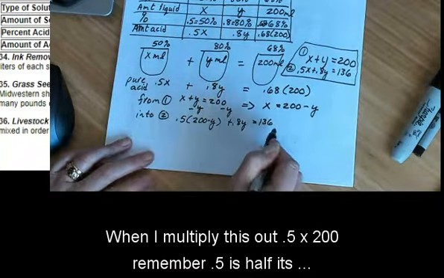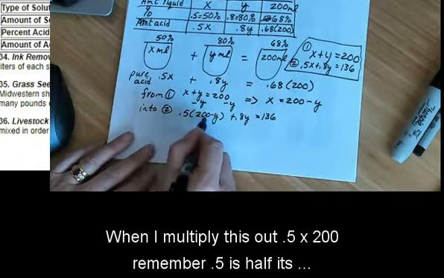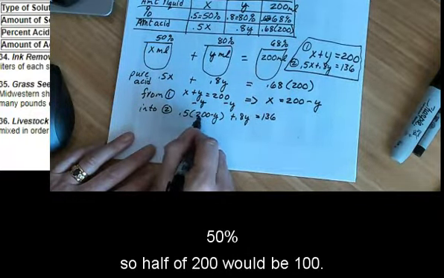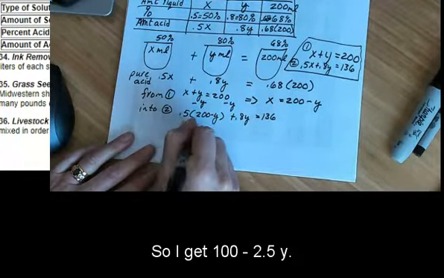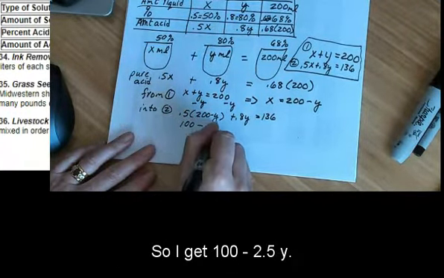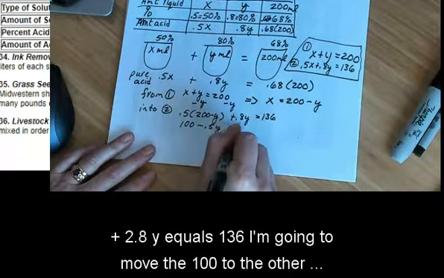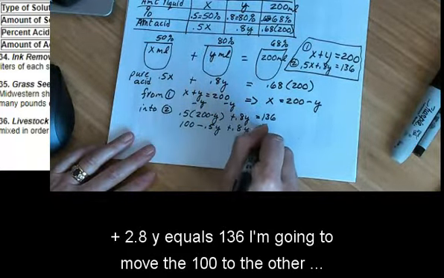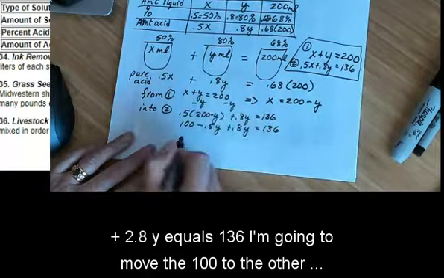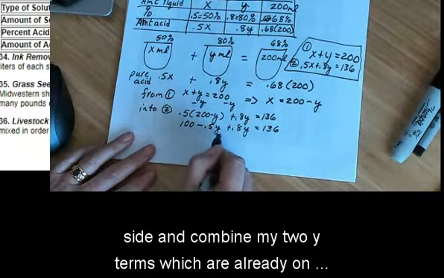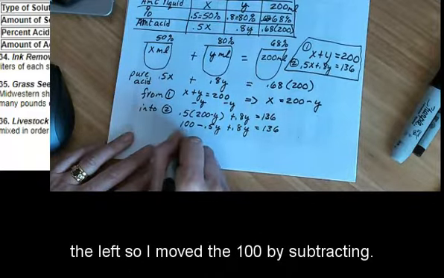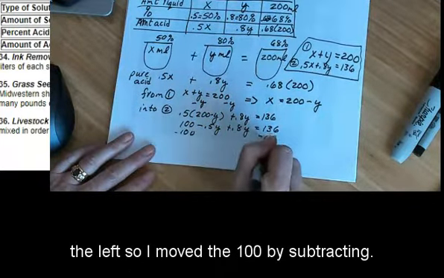When I multiply this out, 0.5 times 200, remember 0.5 is half, it's 50%. So half of 200 would be 100. So I get 100 minus 0.5y plus 0.8y equals 136. I'm going to move the 100 to the other side and combine my two y terms, which are already on the left. So I move the 100 by subtracting.